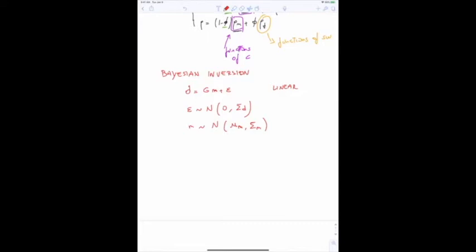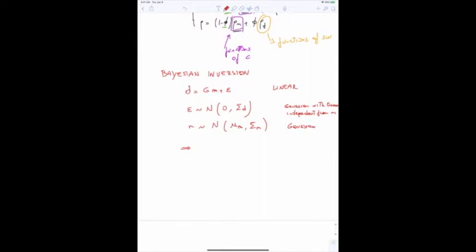I'm going to show you an example in a minute, but what happens is that the errors are Gaussian with zero mean and independent from M. And then the prior distribution is Gaussian as well.